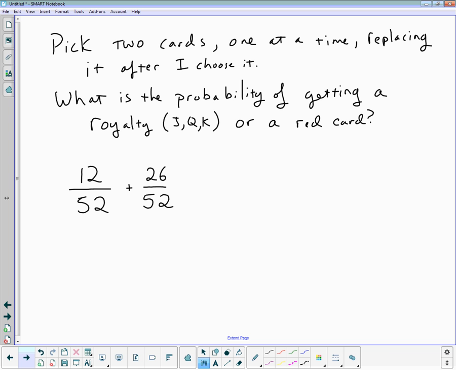Right. Okay, so let's worry about one card pull. Let's talk about one card pull first. Okay. So if I had asked you, what is the probability of getting a non-spade or a non-ace?